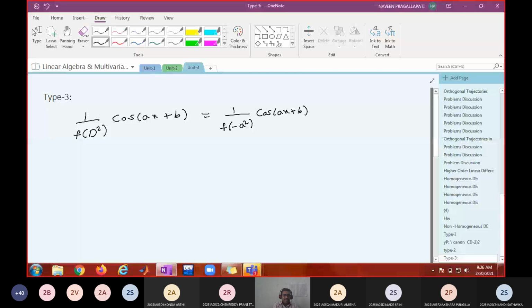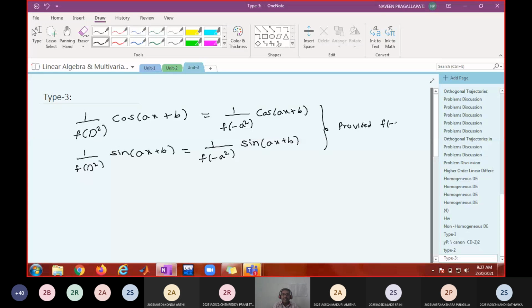And 1 by f(D square) sin(ax plus b) is equal to 1 by f(minus a square) sin(ax plus b), provided f(minus a square) is not equal to 0.